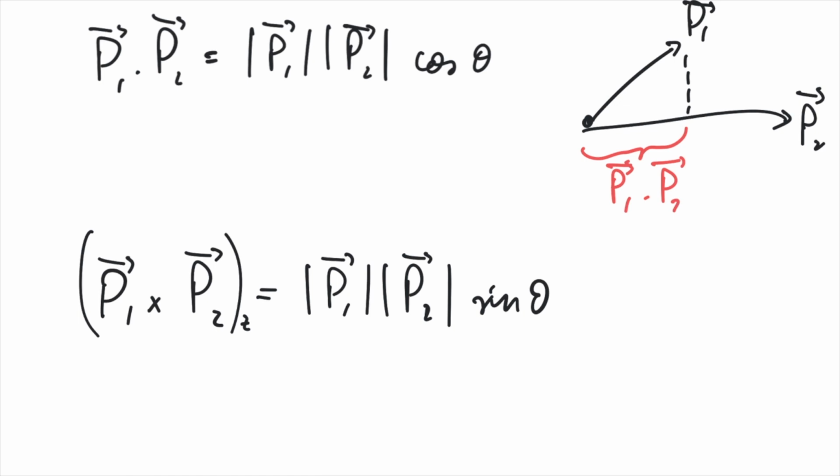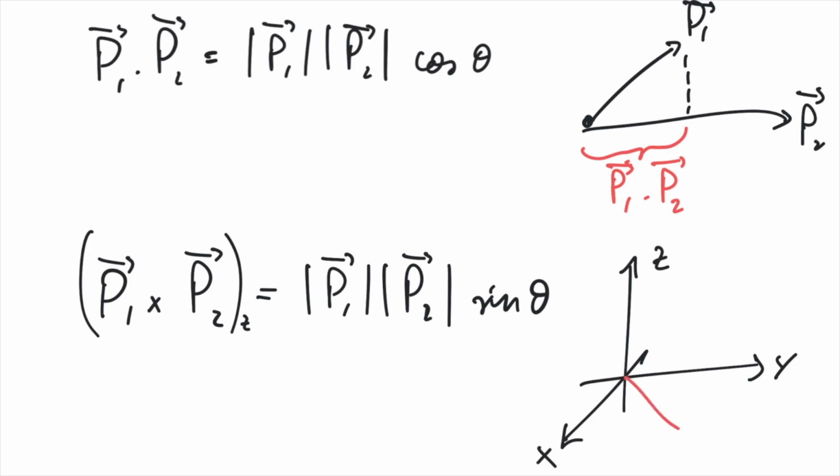And in 3 dimensions, if you actually want to visualize this, you have to extend the dimensionality. And what you have is, if you have the plane x, y, you add a dimension z, and you have one vector, let's say P1, another vector P2, and the vector product is a vector that is perpendicular to both.